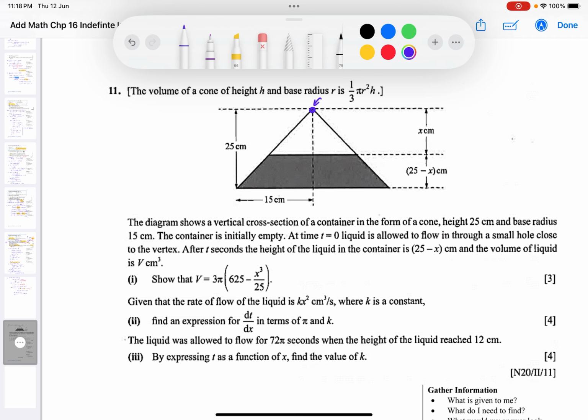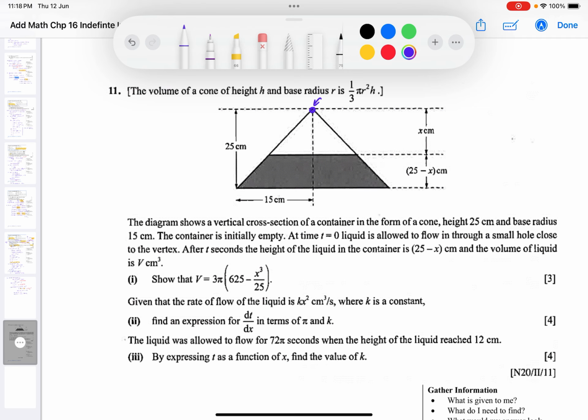Okay, so how do we find the volume of the water, right? What is the concept that we have here? Right, the volume of the water, which is the shaded part that they give you, is given by the volume of the entire cone minus away the empty space above, right?